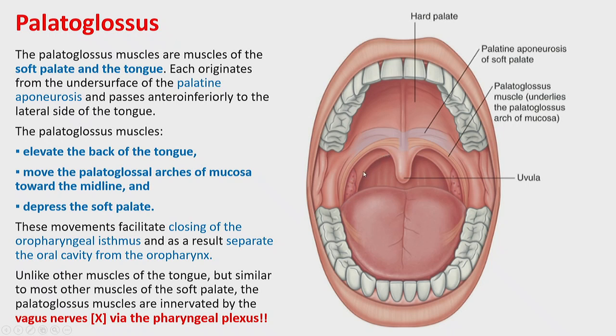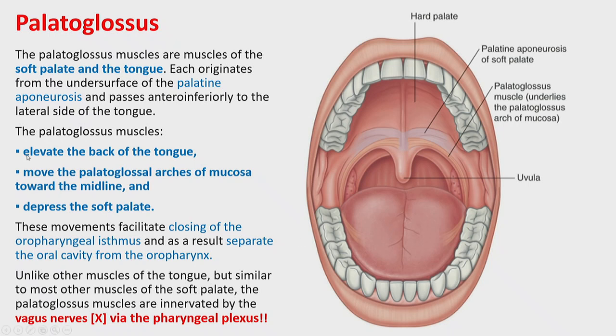The posterior border is made by another arch. The isthmus faucium is this one, the connection between the oral cavity and the oropharynx. The arch making the posterior border for the palatine tonsil is the palatopharyngeal arch, which has the same name as the palatopharyngeal muscle. So these are the two arches.